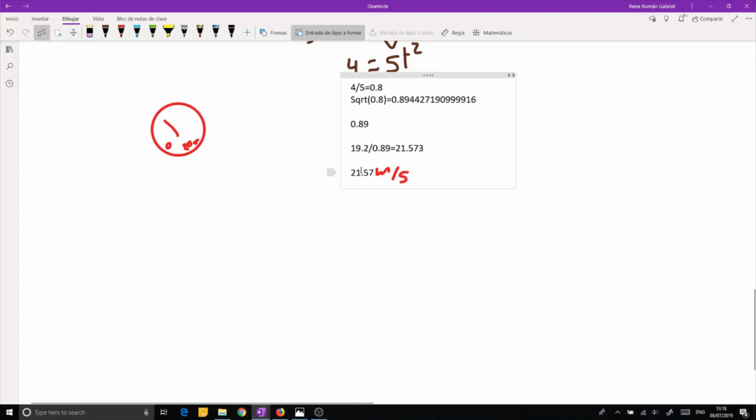First, what we do is 21.57 times 3,600, which is basically how many seconds are in an hour, because it's kilometers an hour. And then we divide this by 1,000, because that's how many meters there are in a kilometer.